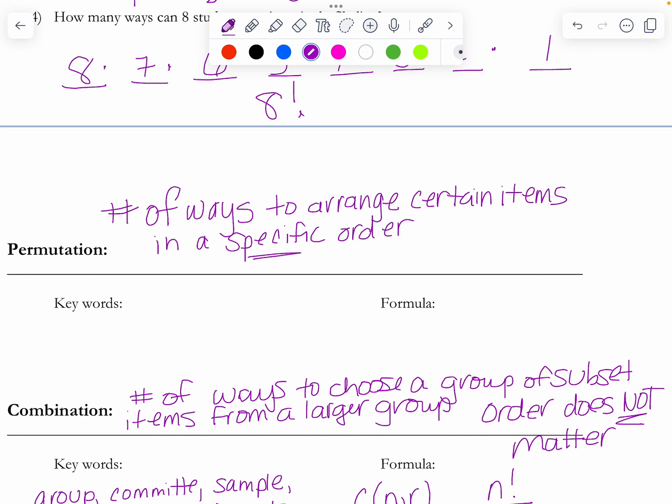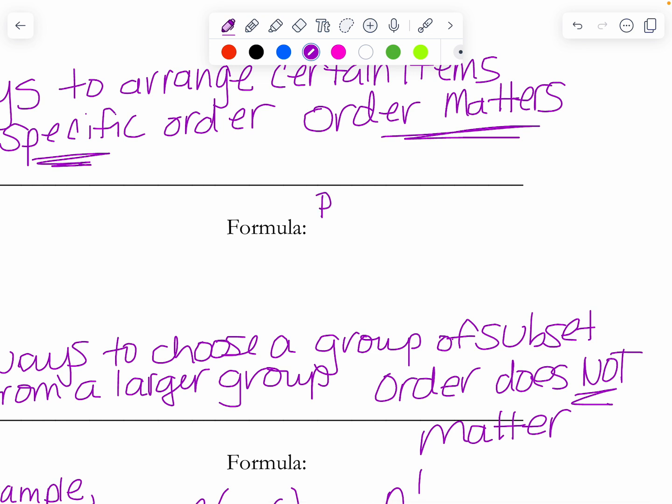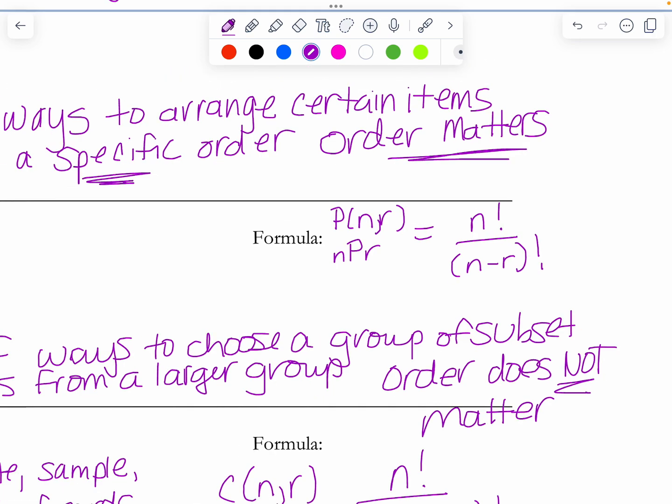So this is super important. Order matters. So our formula for this, the setup is similar. We cannot write this one vertical though. Or we could see it as nPr. Our formula is a little bit easier, n factorial just over n minus r factorial. So you will need to know these formulas.